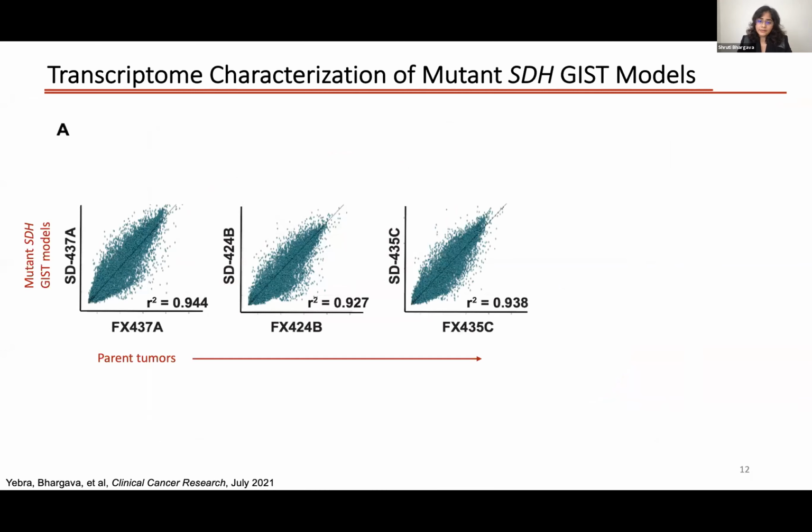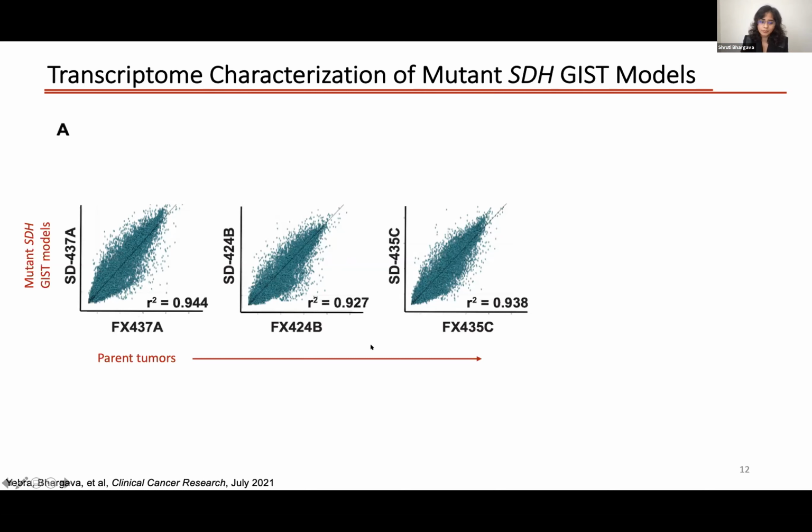The other thing that we have characterized in these tumors is the transcriptome. As I was just saying, the nucleus is the region where DNA is present, which is transcribed into RNA, which then goes into proteins, the front workers in the cell. We checked how the transcriptome is present inside the parent tumors, and whether it is reliably reflected in the SDH-mutant models that we have established.